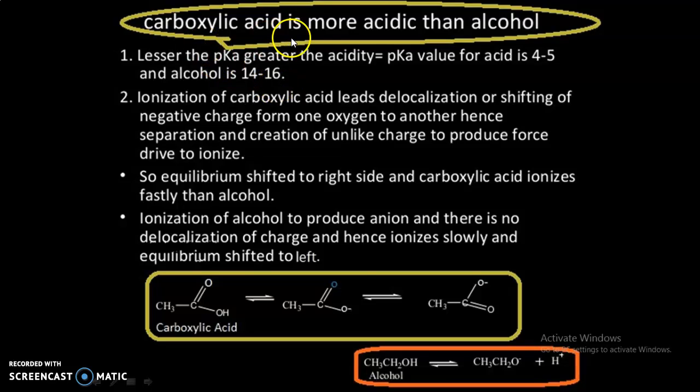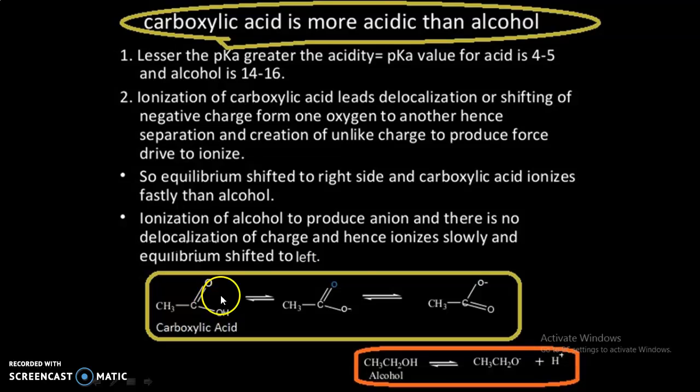14 to 16. Why are carboxylic acids more acidic than alcohols? Ionization of carboxylic acid leads to delocalization. Delocalization means shifting of electron or negative charge from one oxygen to the other. Hence, separation and creation of unlike charge produces the force to ionize. On removal of this hydrogen from the carboxylic acid, the shifting of the charge occurs, as the oxygen consists of two lone pairs of electrons.